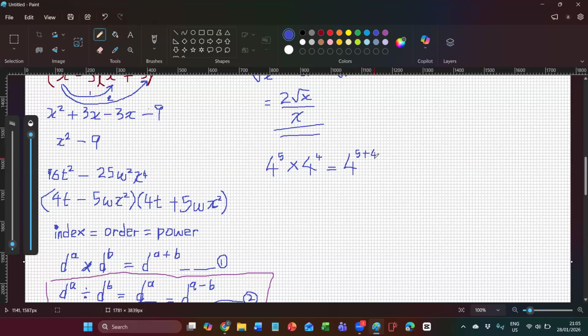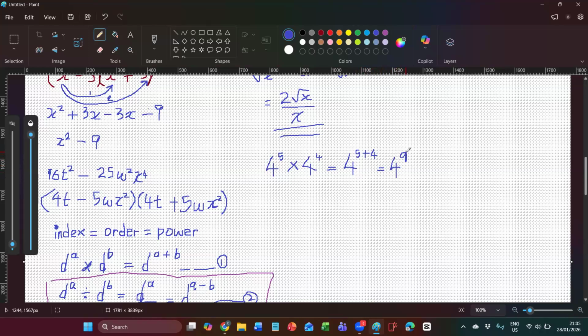Now, there are two things. You can either see the answer as this. If they say you should leave your answer in index form, there's no need for you to start looking for a calculator to crunch anything. After all, everybody knows that 4 raised to the power of 9 is a huge number.